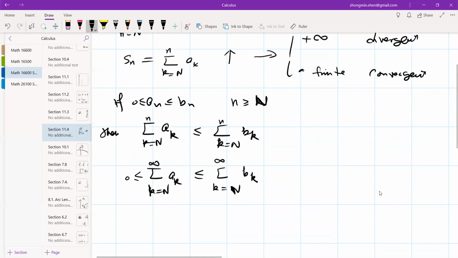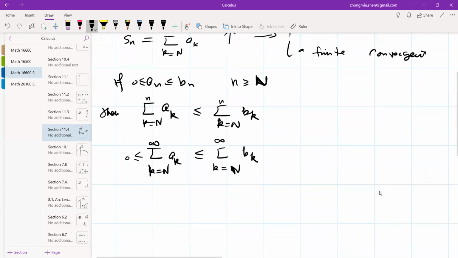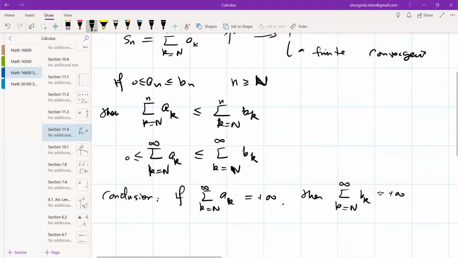So what you can say is, if the one on the left-hand side is infinite, then it pushes the one on the right-hand side to be infinite, because it's greater than or equal to infinite, right?